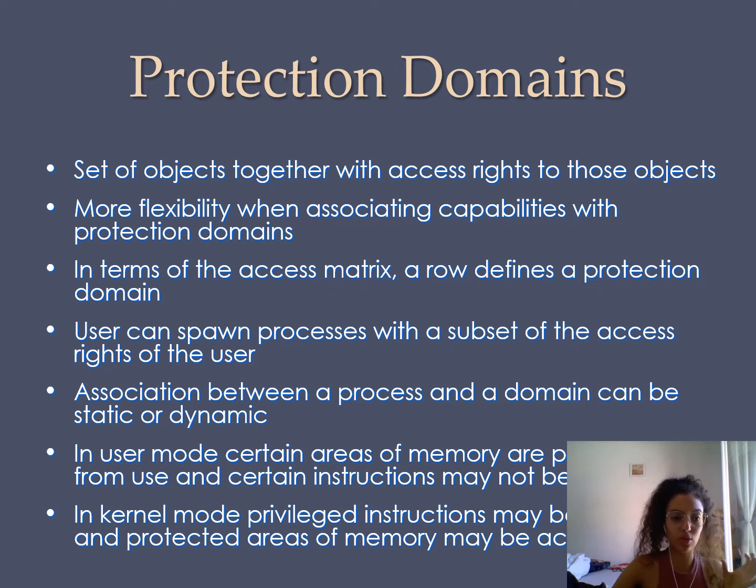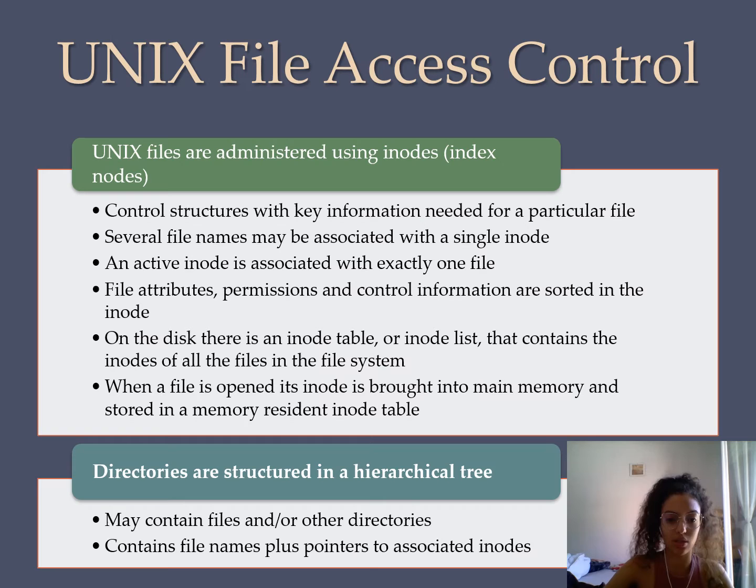When the user process calls a system routine, that routine executes in system mode, or what has come to be called kernel mode, in which privileged instructions may be executed and in which protected areas of memory may be accessed.